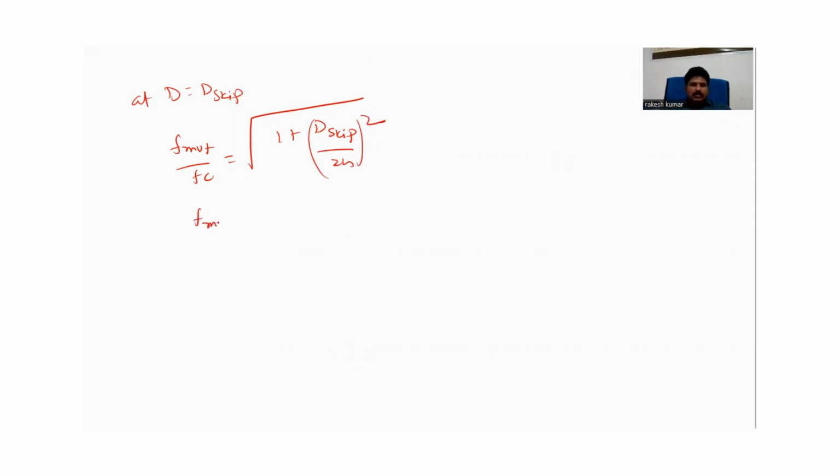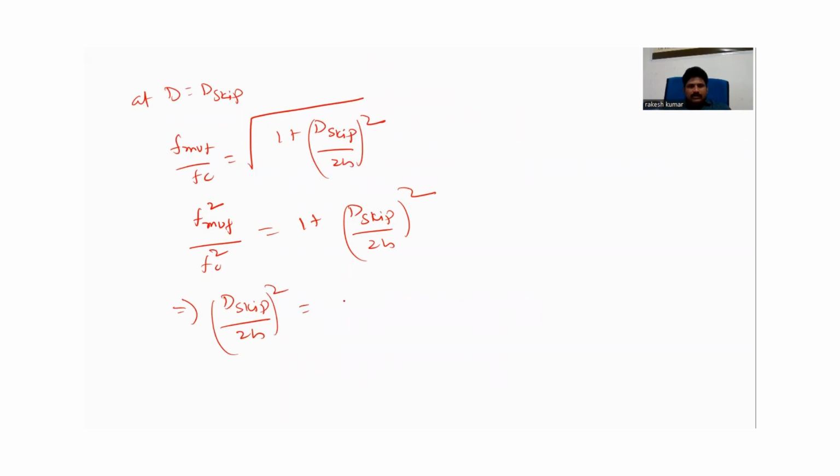Therefore, squaring on both sides, fmuf square by fc square is equal to 1 plus (d skip by 2h) whole square. From this, (d skip by 2h) whole square is equal to (fmuf by fc) whole square minus 1.